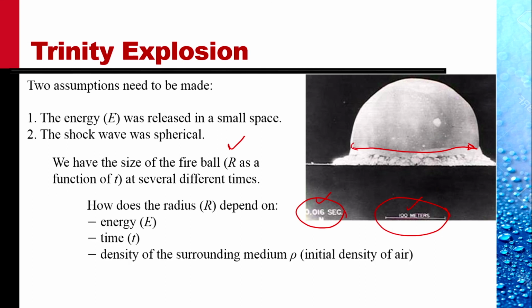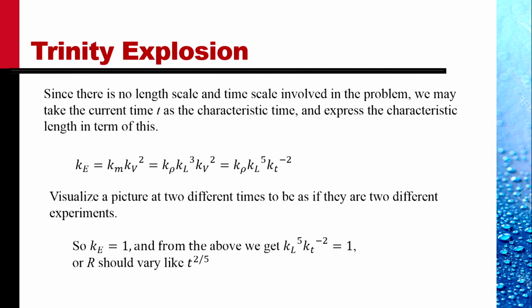The radius of the fireball should depend upon the energy E, the time t after the explosion, and the density of the surrounding medium, which is air, the initial density of air. Since there is no parameter which contains any length scale or time scale, we may take the current time t as a characteristic time and express the characteristic length in terms of this time t.